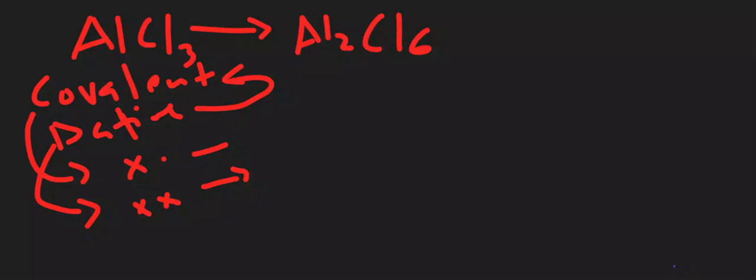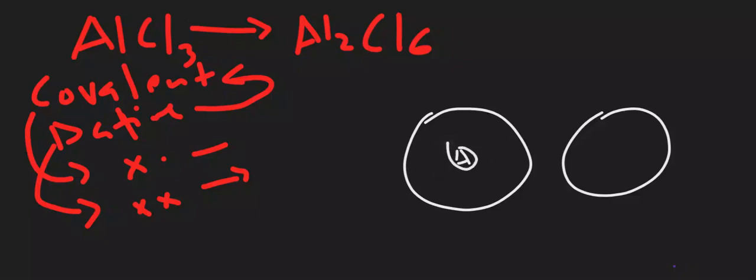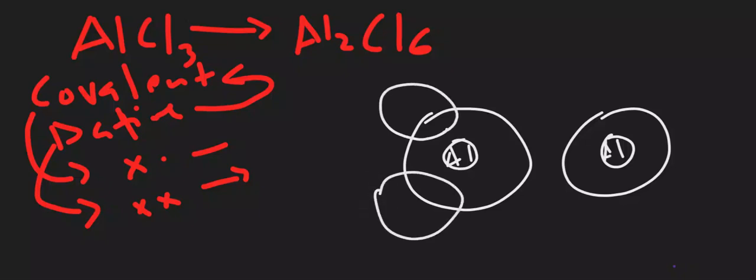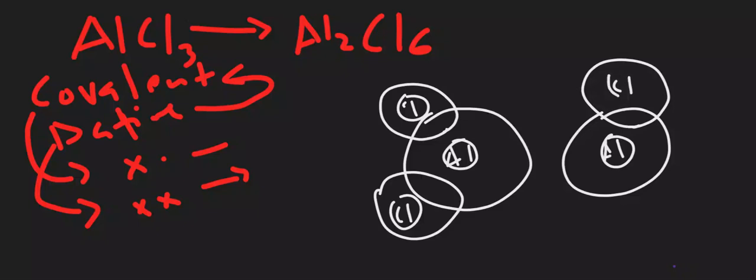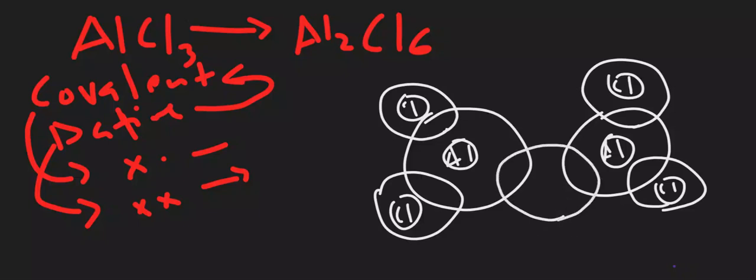So I'll have 2 aluminiums, Al and Al. Each aluminium will be surrounded by 2 chlorines, and the dative bond will exist here, at this chlorine, and also here, at this chlorine. Now let us discuss it step by step.